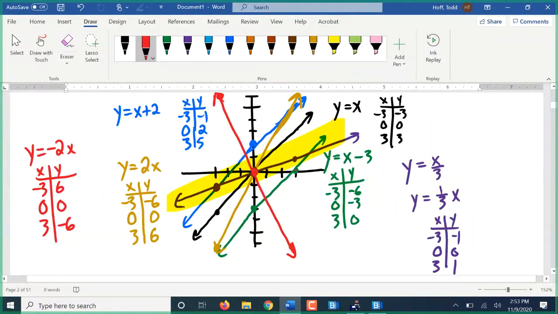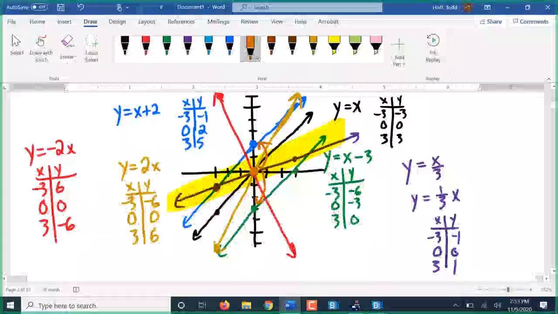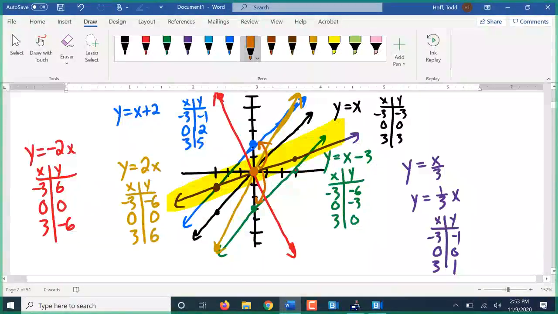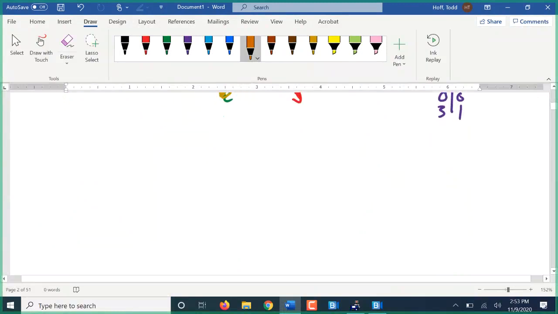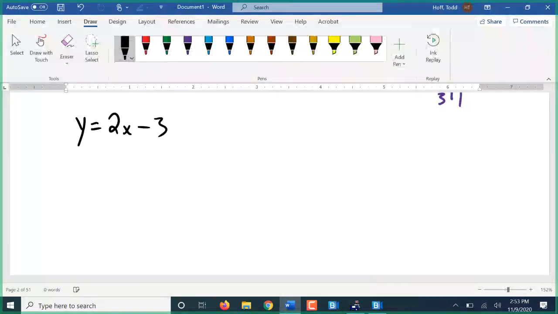Well, these are really the only two things that can change about a line on the graph. It can move up and down. Instead of starting at the origin, it can move up or down to where it starts. And we can change its angle across the graph. So if I have y equals 2x minus 3, what that is saying is instead of starting at the origin, I'm moving down 3 spots, and I'm starting 3 spots below the origin.